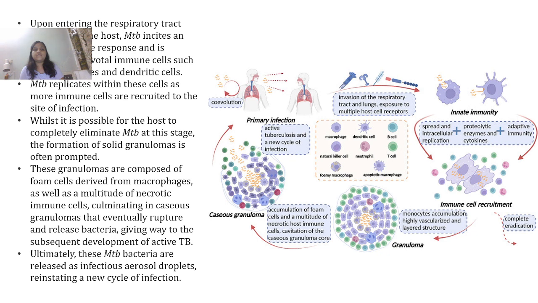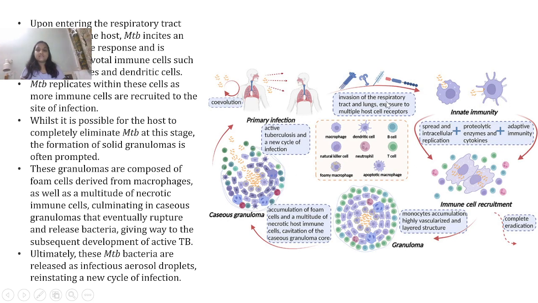And as I already told, the MTB can replicate within these cells, and more immune cells are recruited to the site of infection. Here you can see primary infection, active tuberculosis, and a new cycle of infection.